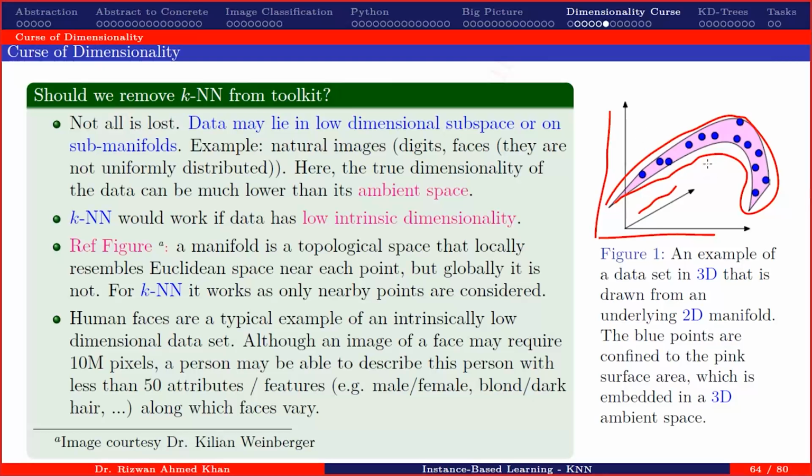Here kNN will work, because the intrinsic data itself is Euclidean and a notion of closeness exists, right? This is the same example I gave you of describing a person's face. So intrinsically, the dimensionality of the data is low, but the ambient space in which the data is encapsulated is very large, right?